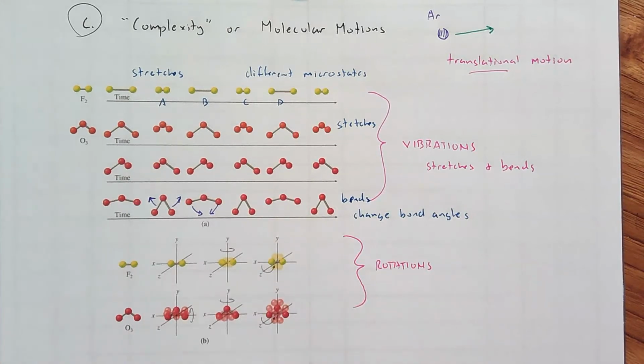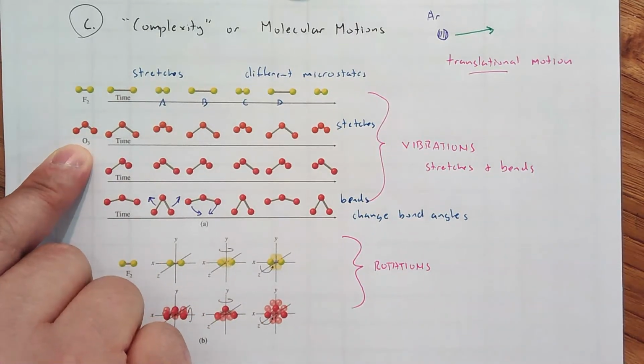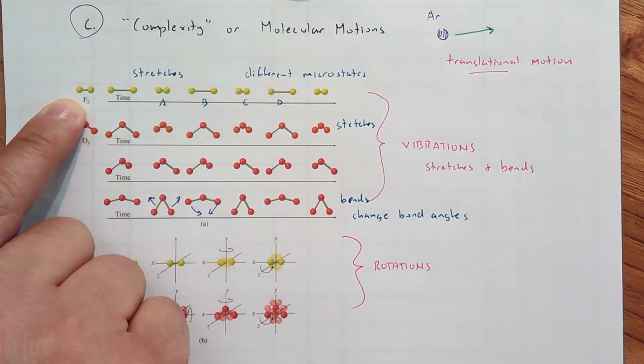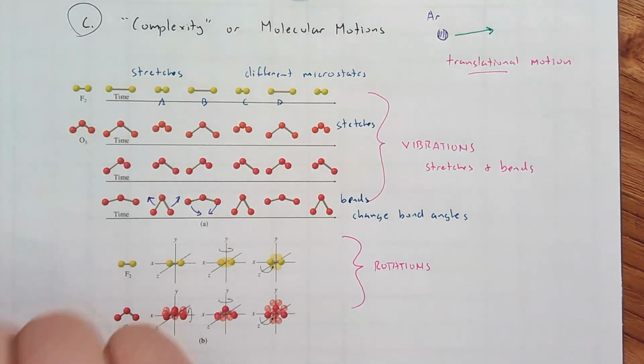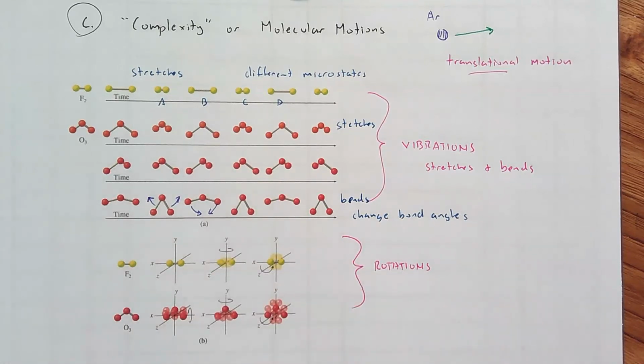So again, it gets a little bit complicated. You have to visualize these molecules. I think it's pretty obvious that a 3-atom molecule has more complexity than a 2-atom molecule, and therefore has a higher entropy, S. Okay, S absolute.